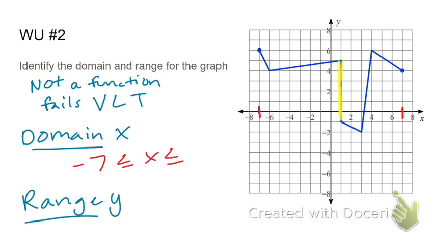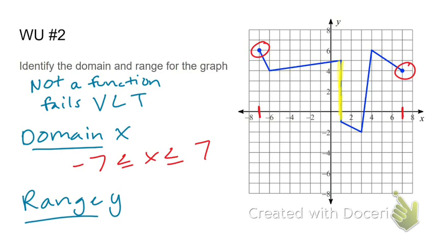Positive 7. And because I have points, it's going to end. There's no arrows. So I have this double-sided inequality. This is saying x is greater than or equal to negative 7, but also less than or equal to positive 7. It's a double-sided inequality.